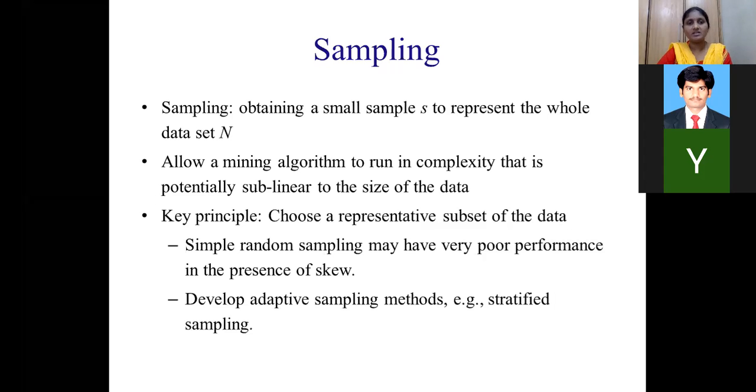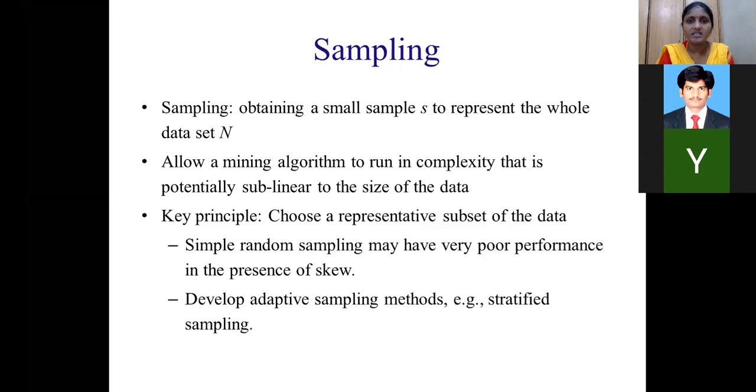Sampling also we have discussed. That means we are having some tuples or data sets in a database, or some set of data sets in a data warehouse. We are going to obtain a sample S to represent the whole data set N. In the total data set N, we take a small sample S. That is called sampling.